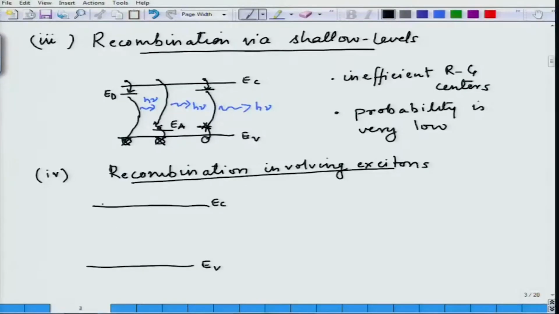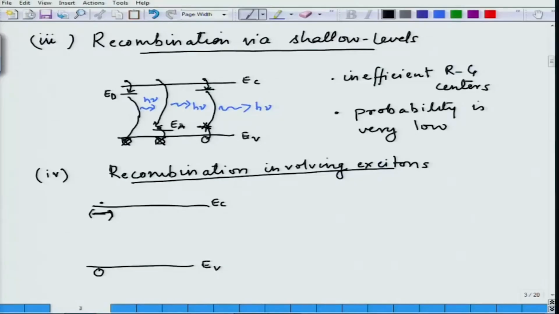And to represent this exciton, we say that this is an electron which has become partly bound to the hole. Its level is slightly lower than the band edge of the conduction band, and since this is not a real level, this is a level created because of formation of the exciton, it is normally represented in brackets.